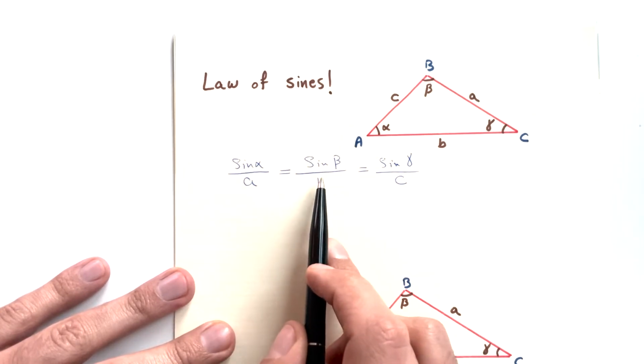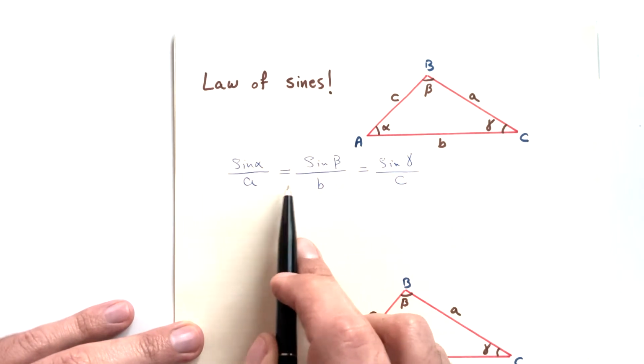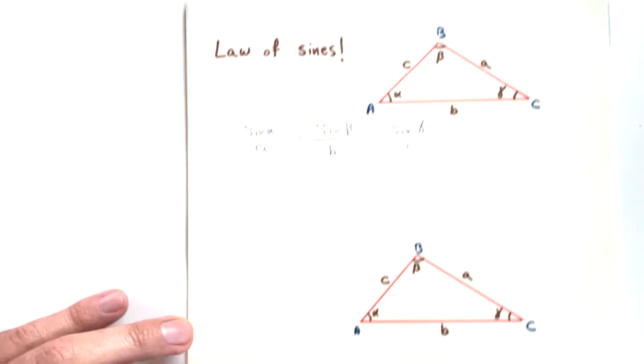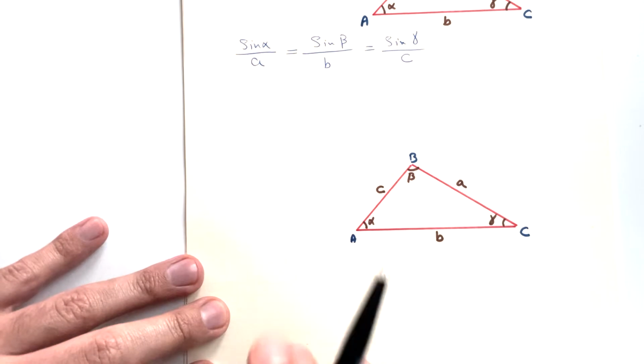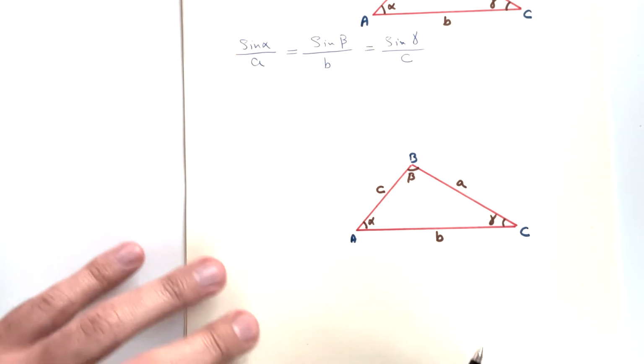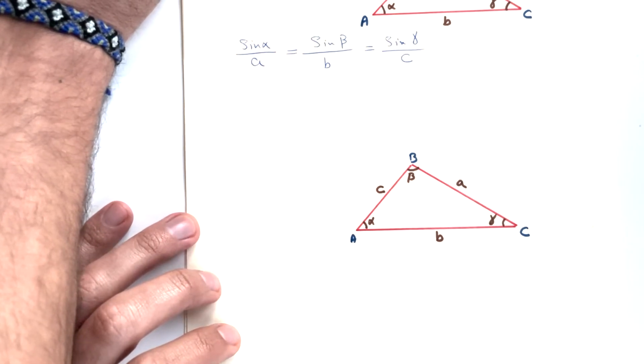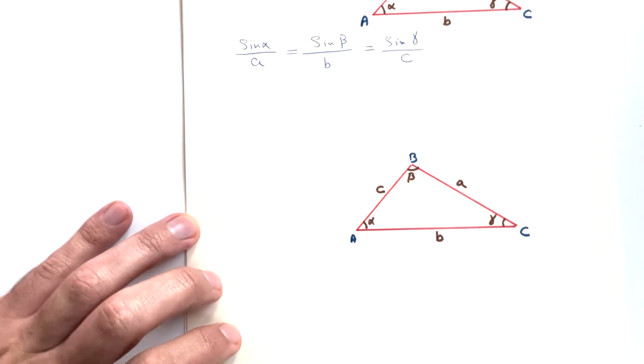Before we go to solve some problems, let's take a look and see how we can prove this law. If we look here and try to write the area of triangle ABC, we can write it like this.